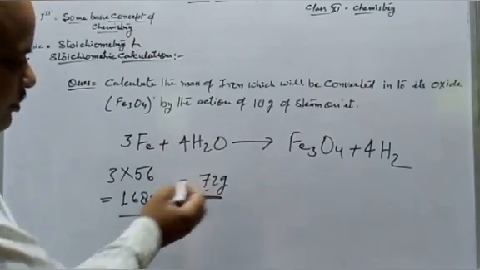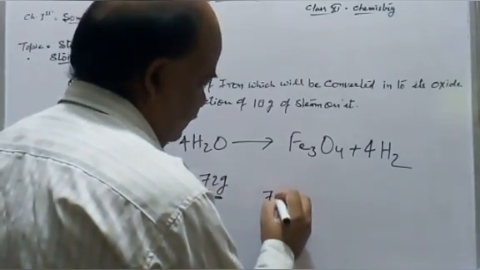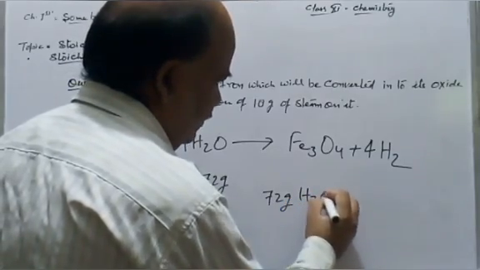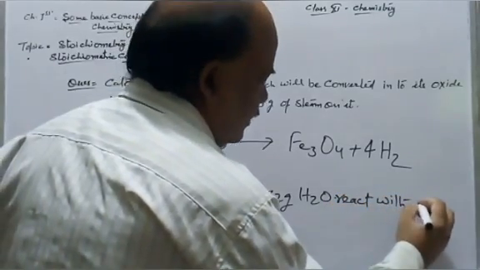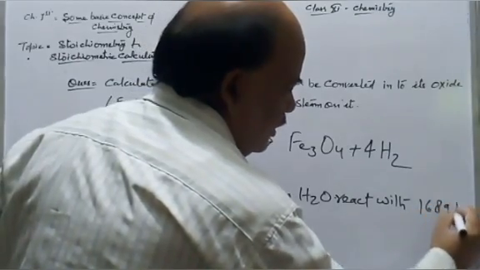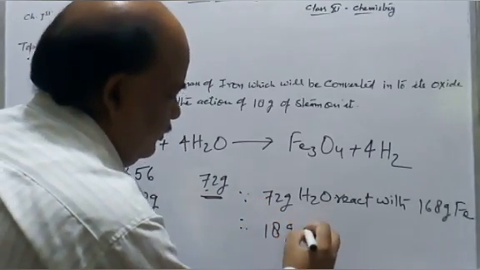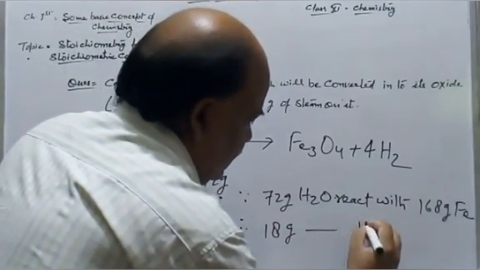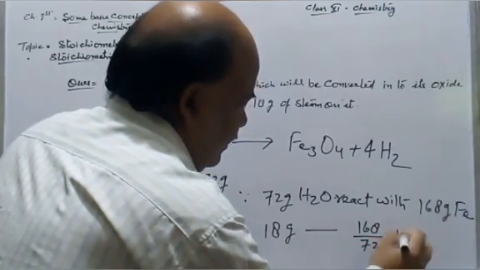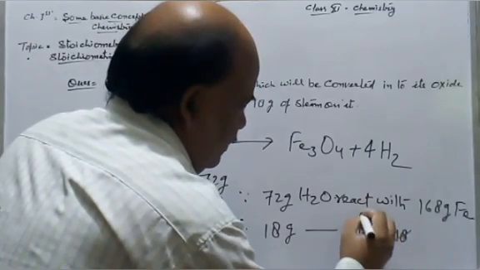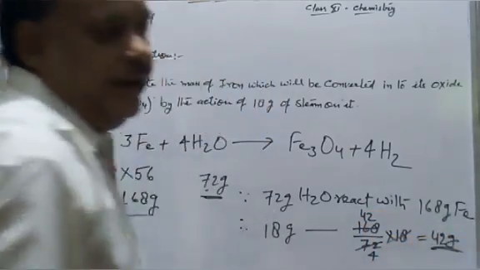So 18 gram water vapors react with 168 upon 72 into 18, which is 42 gram iron.